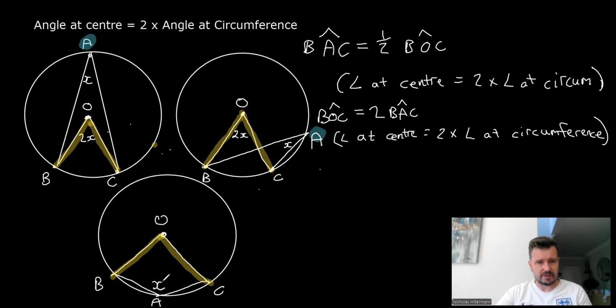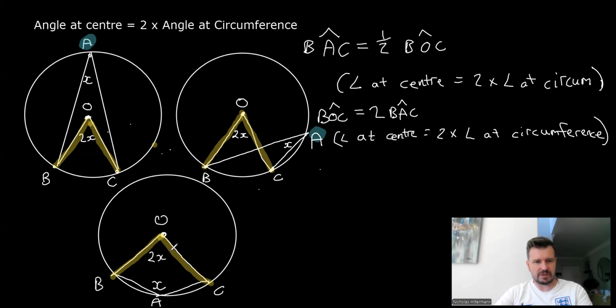It's still between AC and BA. But now we don't want to confuse it and say that this is our 2x, because that's not our 2x.